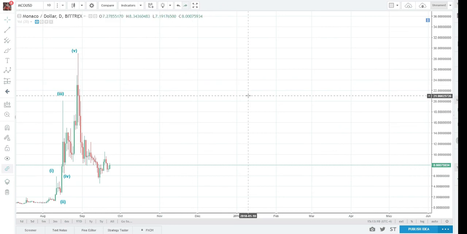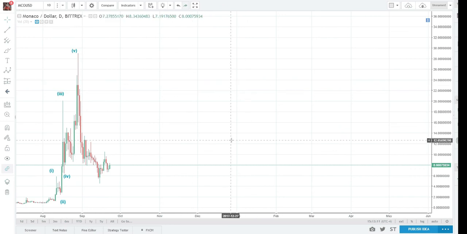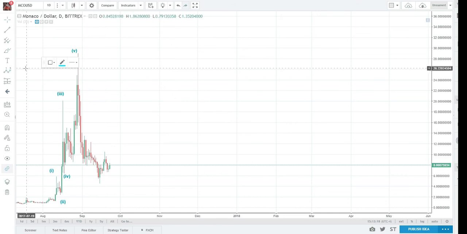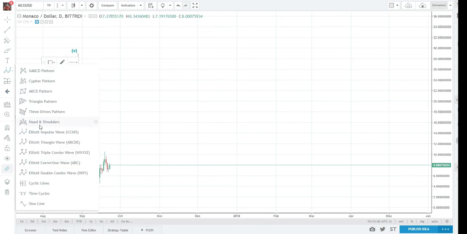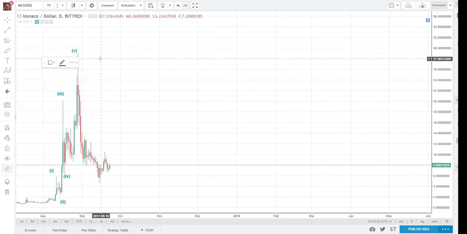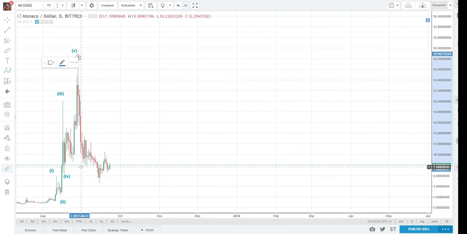Subwaves of 5. And after 5 waves, what happens? There is a requisite ABC retrace. A, B, C.